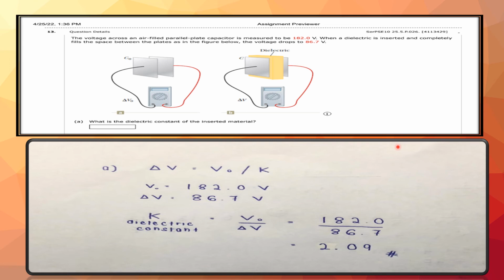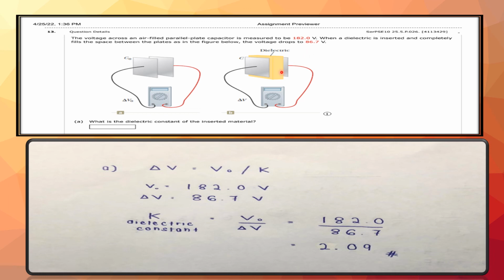Okay, the question is, what is the dielectric constant of the inserted material? From this, we can define that the given information is the voltage 182 and the other voltage, which is 86.7.